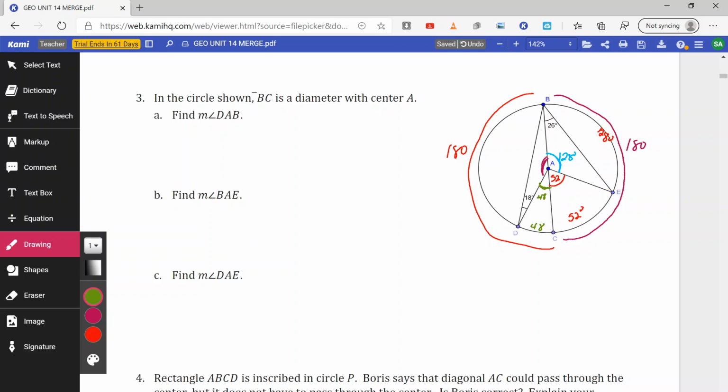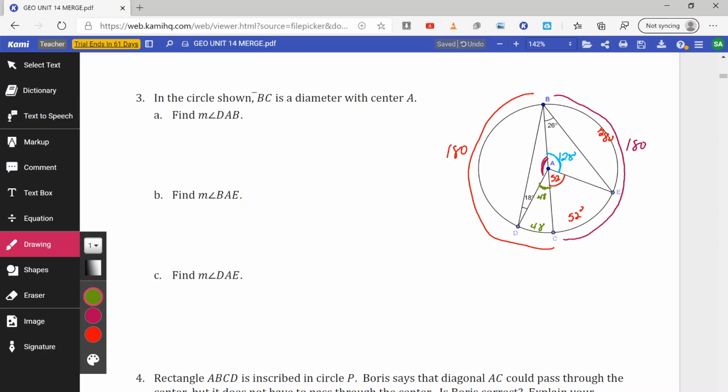And now that we know 3 out of the 4 central angles, we can find the missing section of the central angles. So again, angles of a circle add up to 360 degrees.